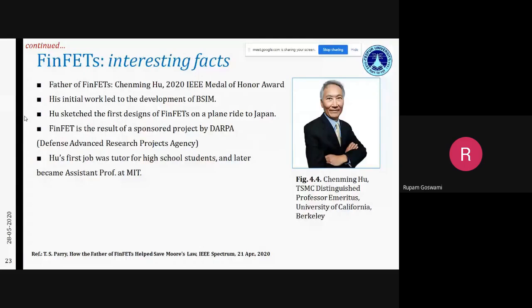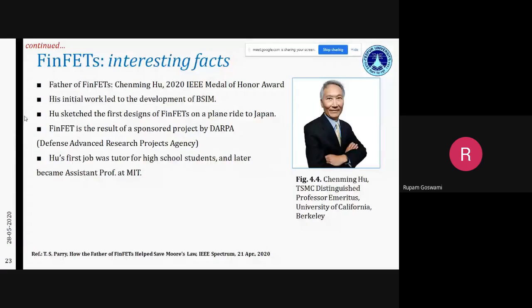And he has been termed the father of FinFETs because of this distinguished contribution to the semiconductor industry. And while delving deep into the development of these FinFETs, he also founded the BSIM models, which you encounter in your SPICE simulators or your circuit simulations.